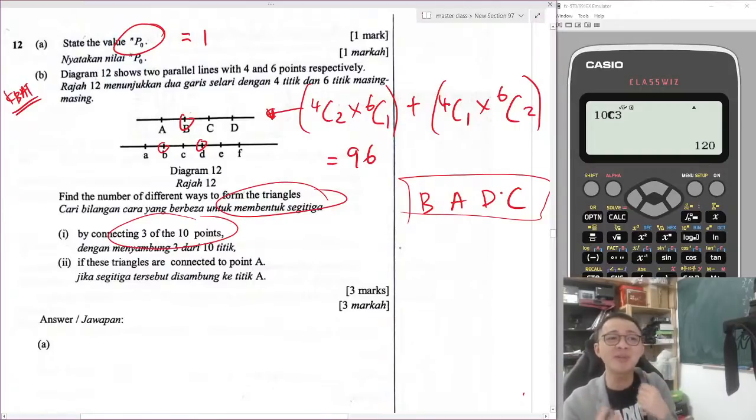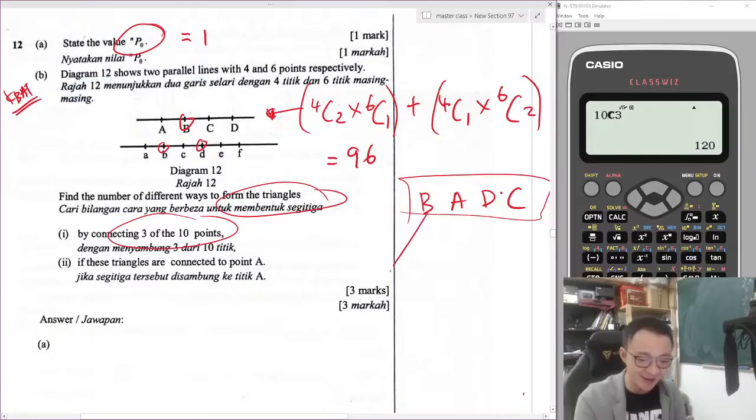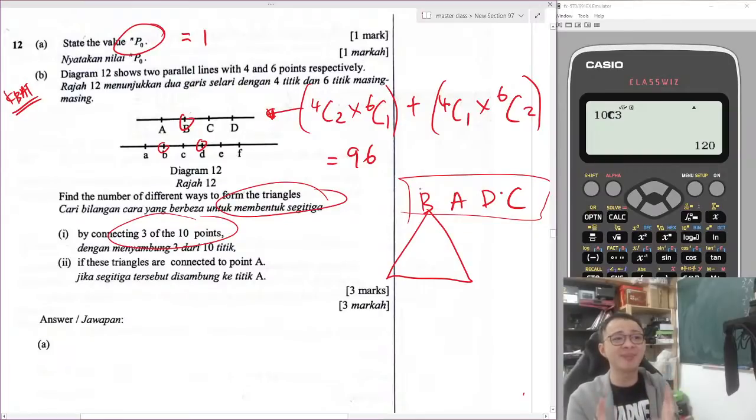Even though you swap the letters, your triangle still follows the letters themselves. So no matter how it's swapped, the same letters mean the same triangle.